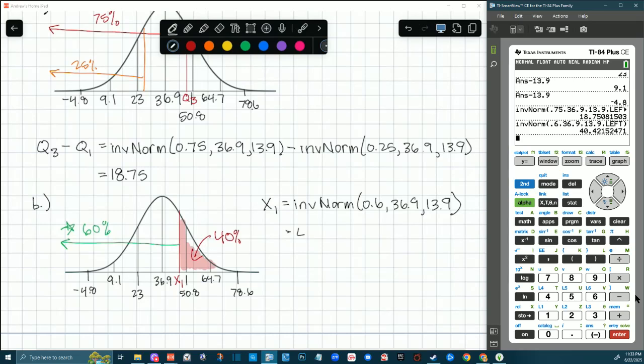And we get 40.4. And we can see that that sits where we thought it does. It sits between the mean, or median, and that one standard deviation above the mean.